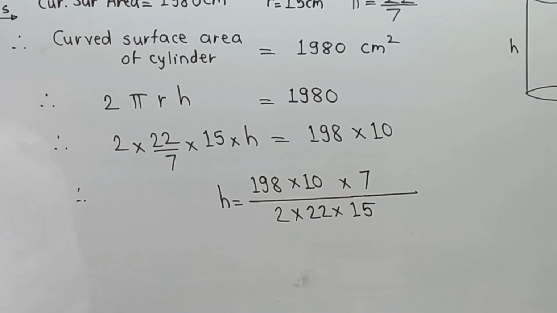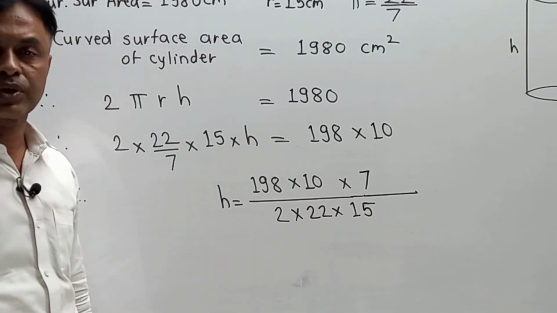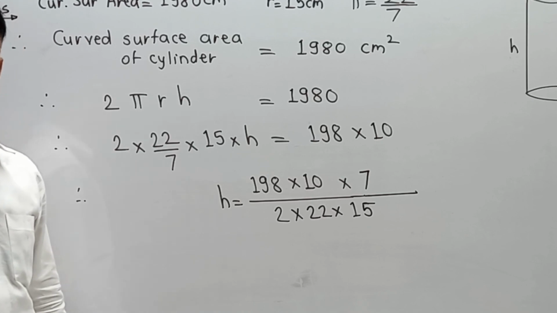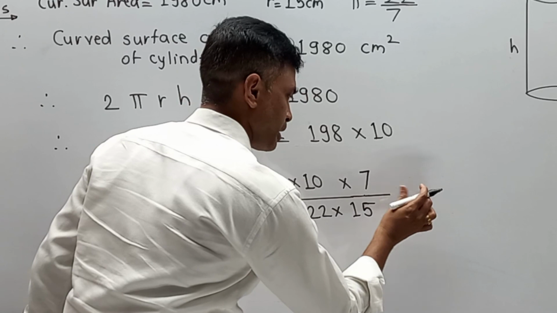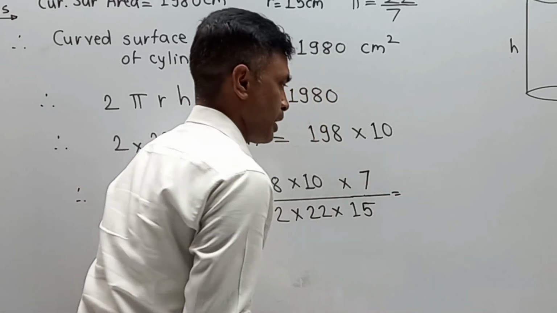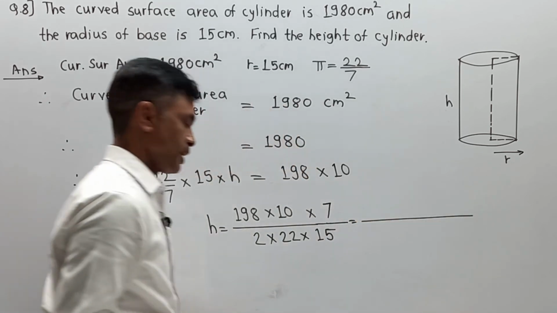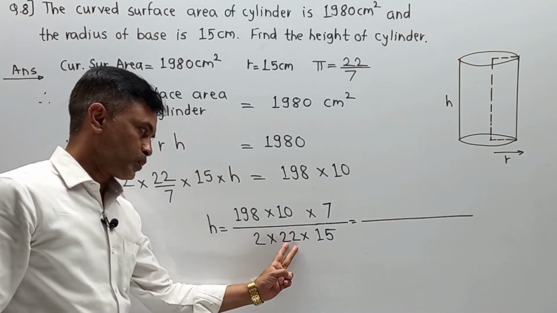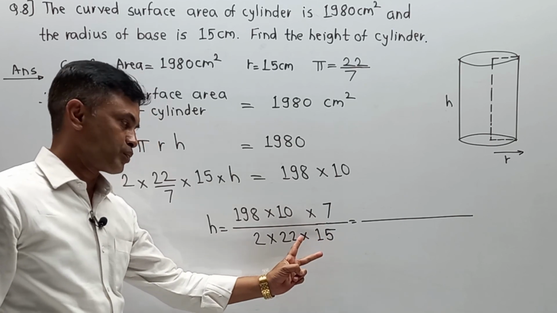Now students, please pay attention to this step. Many students make silly mistakes over here, and in that case you must be able to divide or split this calculation. Here I am writing some more steps in detail. There is the number 22 which is the largest number. Here 10 and 15 can cancel with each other.